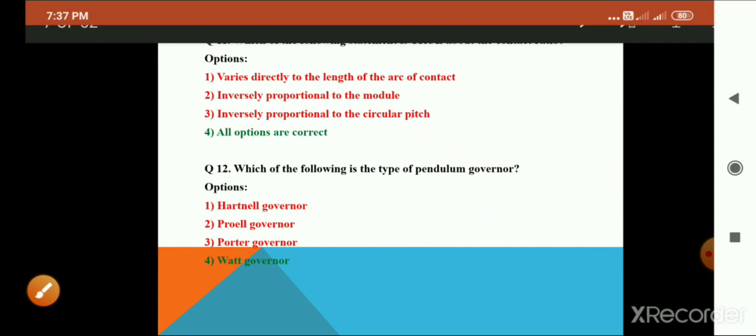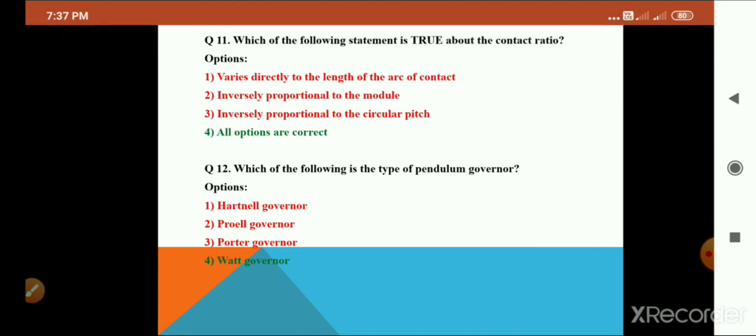Which of the following options is a type of pendulum governor? Always remember pendulum type. Hartnell governor is not a pendulum type, but it is a spring type governor. And Porter is not a pendulum type governor either. So option 4 is the correct answer. Let's go to the next question.